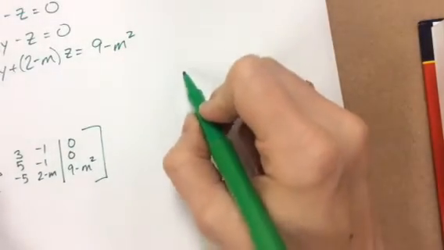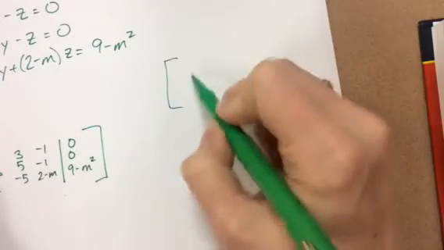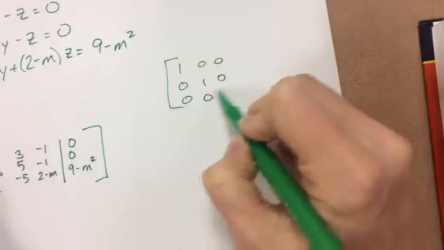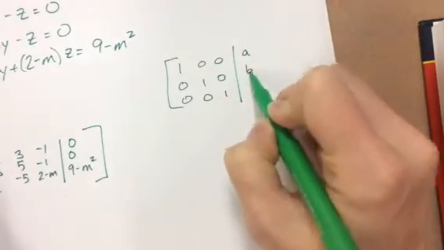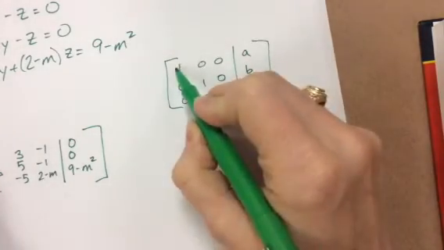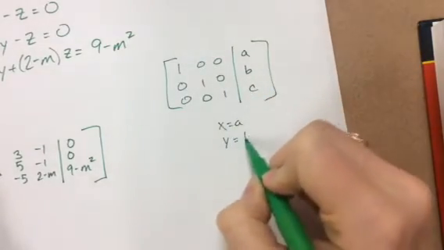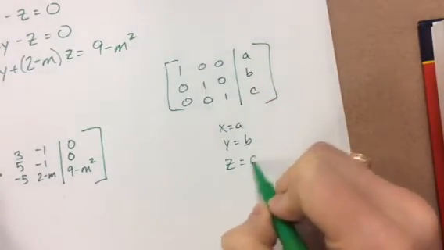Our goal is to get 1 0 0, 0 1 0, 0 0 1, and then you get an A and a B and a C value. This means your 1x is equal to A, your 1y is equal to B, and your 1z is equal to C.